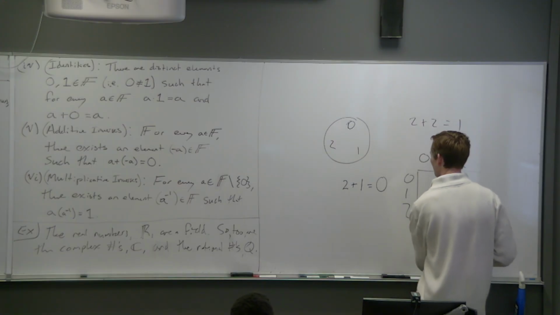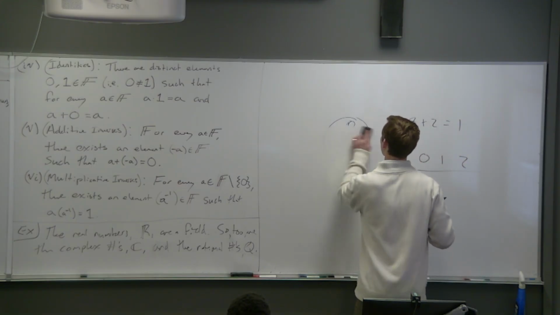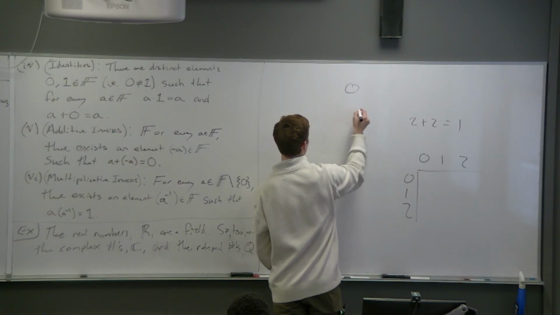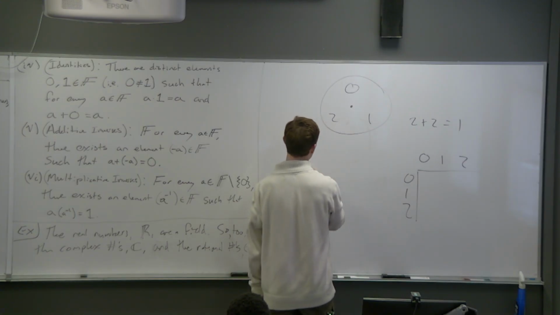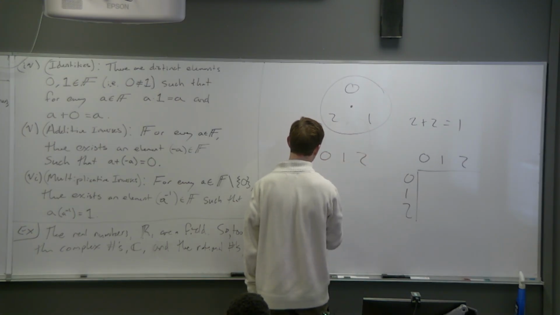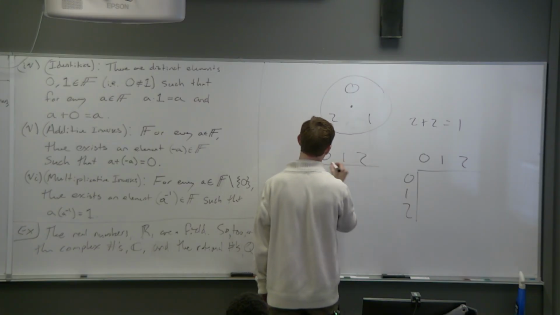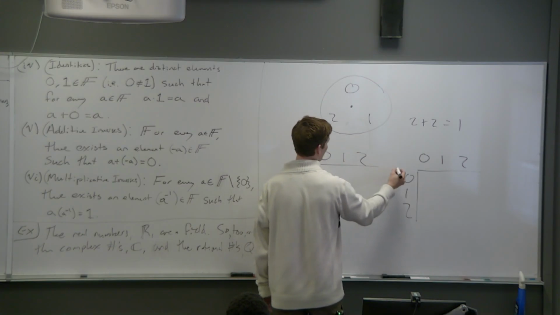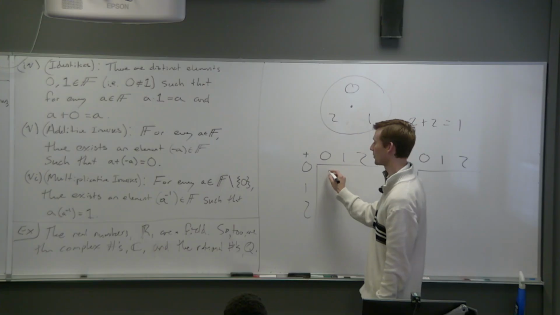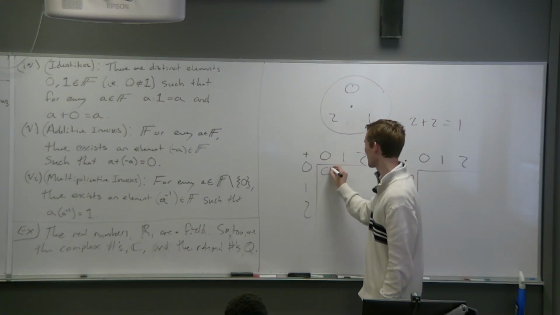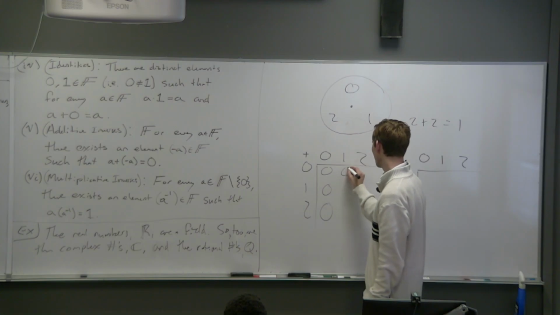And I'll do 2 little tables right here, actually, to make this super easy to see. Here's my little clock. Okay, and here I'll do 1 table for plus, and I'll do 1 table for multiplication. So 0 plus anything is certainly going to be 0, yeah? So that means that I can put this here.